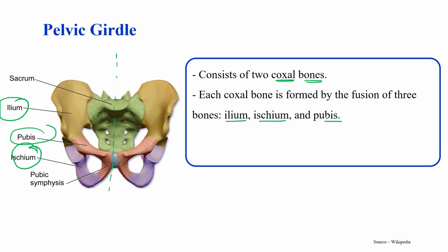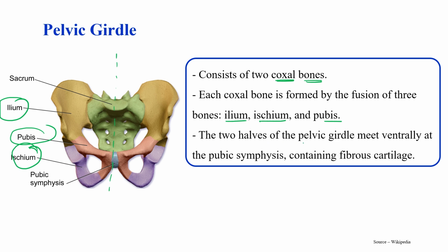These three bones are fused together and form the coxal bone. Two halves of the pelvic girdle meet ventrally at the pubic symphysis region. This is the region where these two halves meet each other, known as the pubic symphysis, which contains fibrous cartilage.